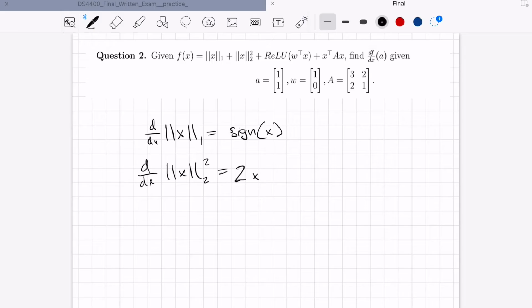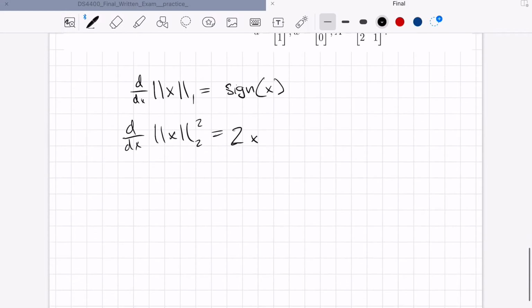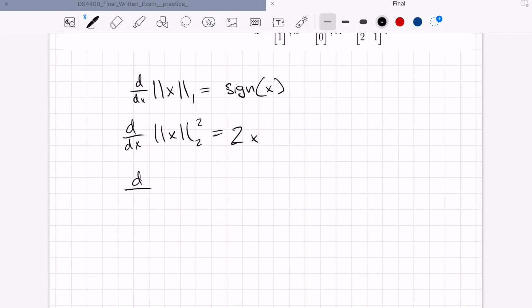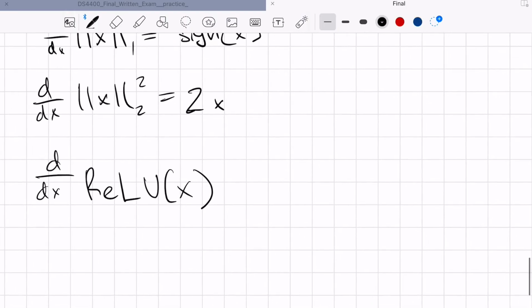Now we have the least trivial objective, and that's the ReLU function: the derivative with respect to x of ReLU of w transpose x. Actually, I'm just going to do x for now, and then we'll solve it for w transpose x because that's simply the chain rule.